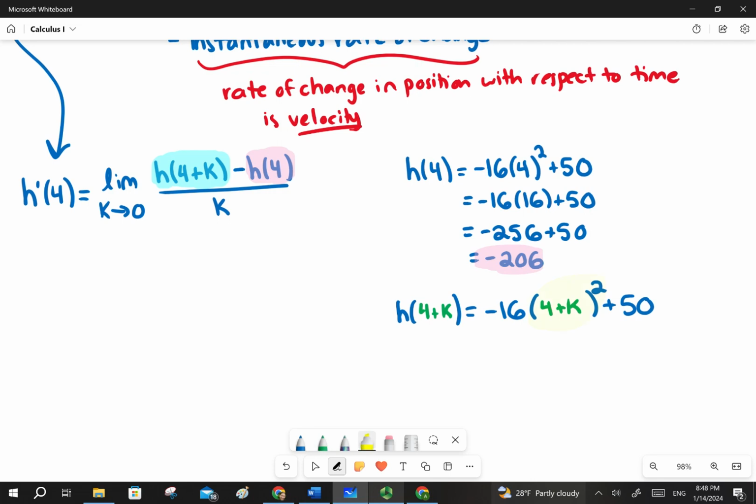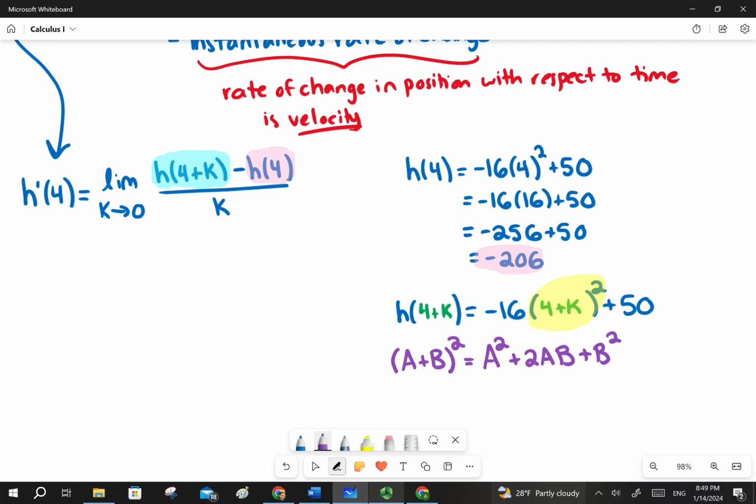Now, to expand the 4 plus k squared, you can use a technique like FOIL, or if you're comfortable, you can use the shortcut that any binomial squared of the form a plus b squared equals a squared plus 2ab plus b squared. You may have learned about this in a previous algebra class.